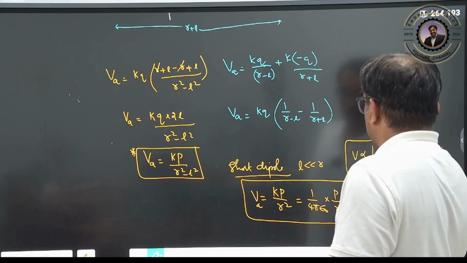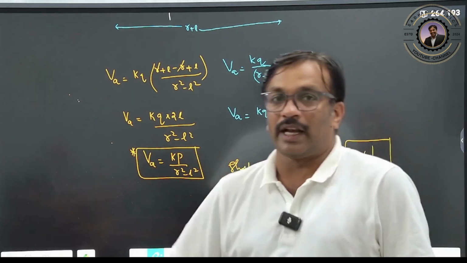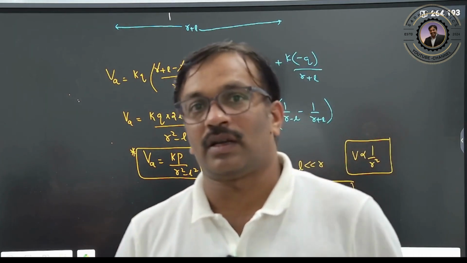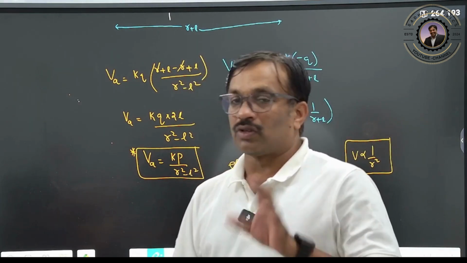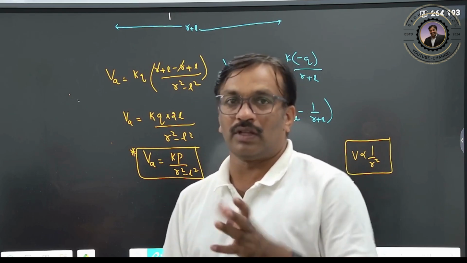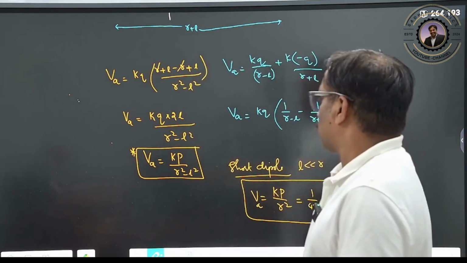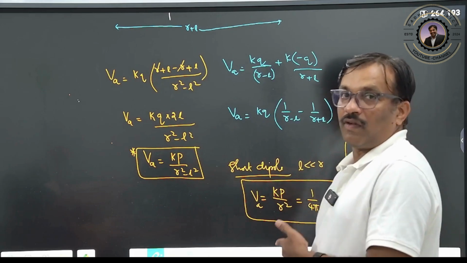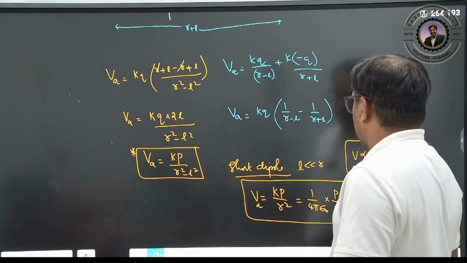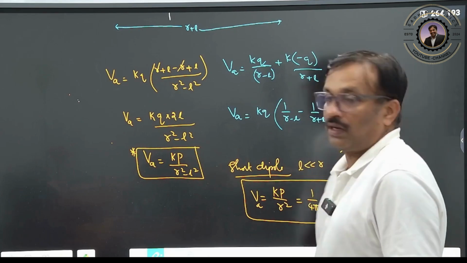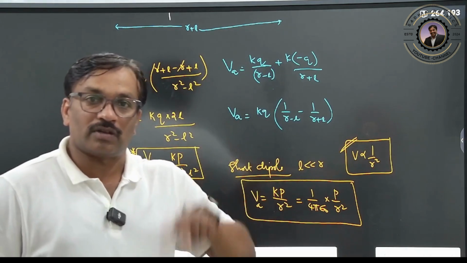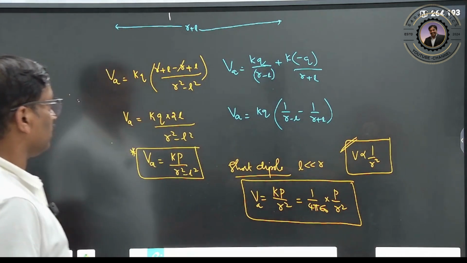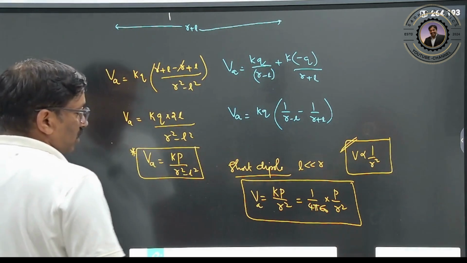So that means potential is falling very, very quickly in the dipole. Why? Because the total charge in the dipole will be 0. Due to the minus charge and positive charge, the net charge effect falls quickly. So that's why the potential also falls very, very quickly, right? This is a very important point. So the potential due to the dipole is inversely proportional to the square of the distance. This is along the axial line.